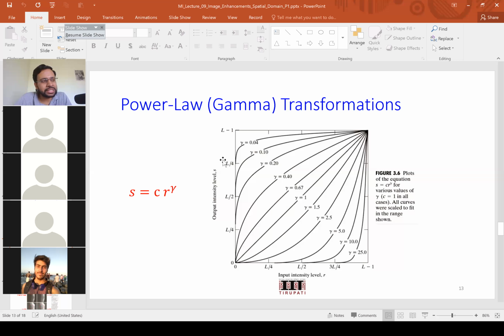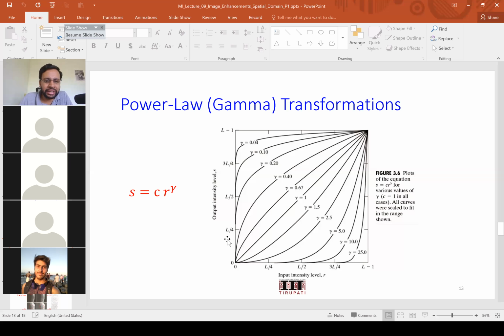For one reason, we normally don't use the log graph: you don't have much control over how the curve would come. Assume that in the histogram, the whole thing got concentrated around here, and I would like to stretch this region more. With the log curve, I can't do much; it's already fixed.